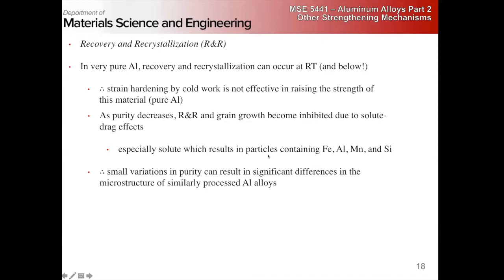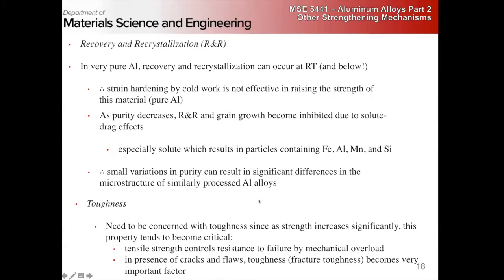So the takeaway here is if we have particles with iron, manganese, and silicon, these impurities, we're going to get large solute drag effects. So small variations in purity can give us big differences in the microstructure and the properties of similarly processed alloys.